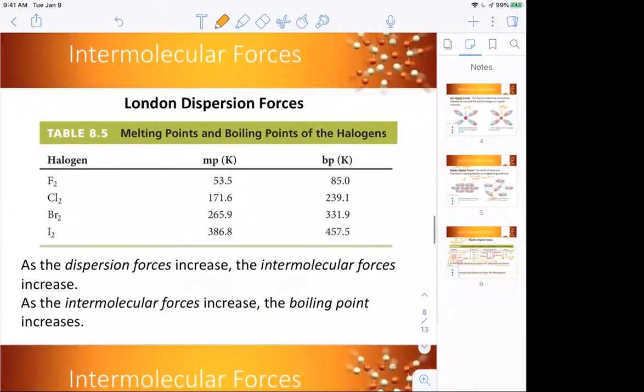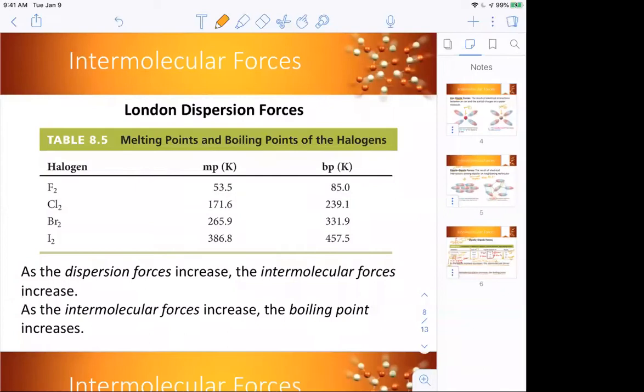There are a couple of factors that we have to look at when we want to assess the magnitude of London dispersion forces. Here, I have my lowest molecular weight. Here, I have my highest molecular weight. This is larger and more polarizable. Here, my fluorine, my electrons are really close to it.